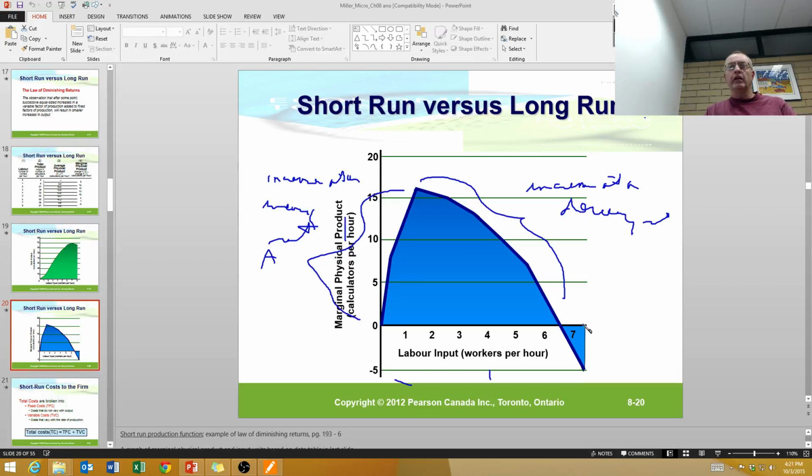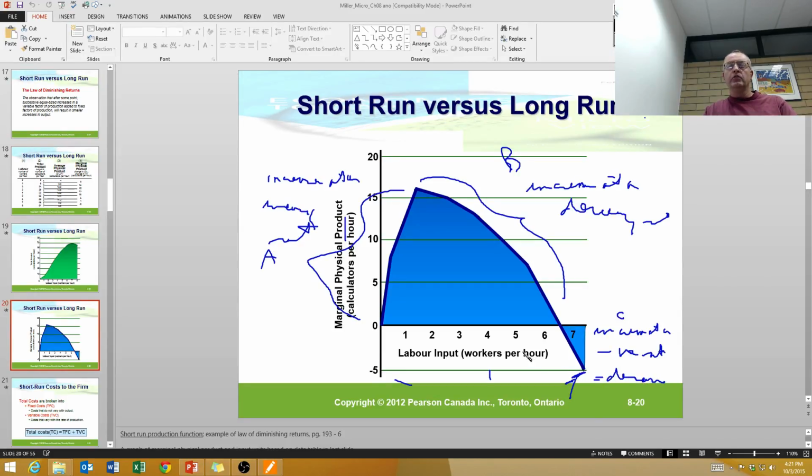And then finally, that's section B, and then we have section C, where as we increase our number of units of input, output increases at a negative rate, or we can just say it decreases.